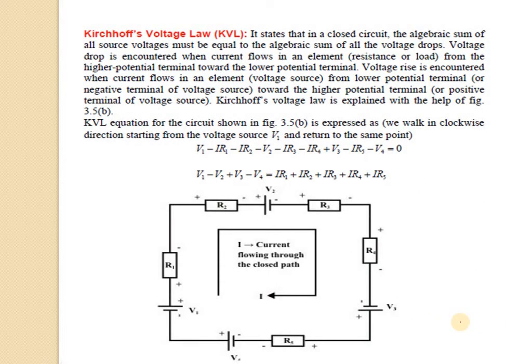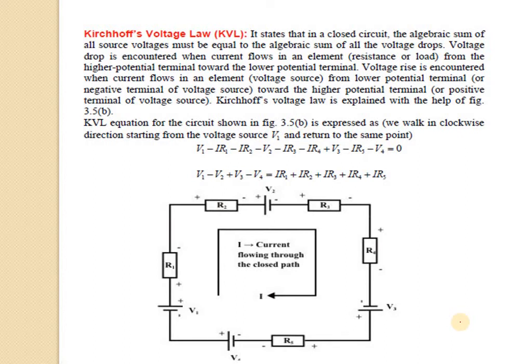Next, Kirchhoff's voltage law. It states that in a closed circuit, the algebraic sum of all source voltages must be equal to the algebraic sum of all voltage drops. That is, in short, the summation of voltage drops in a closed loop equals 0. That is basically Kirchhoff's voltage law, in short KVL.